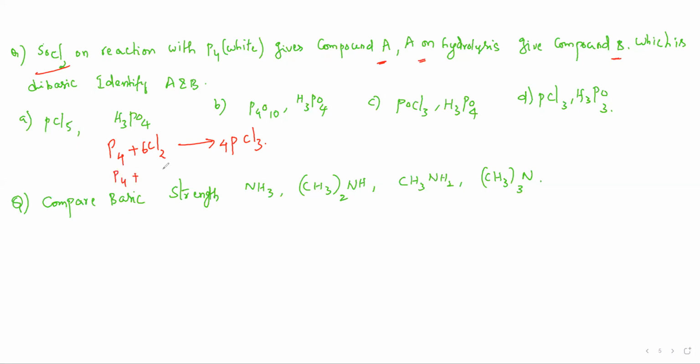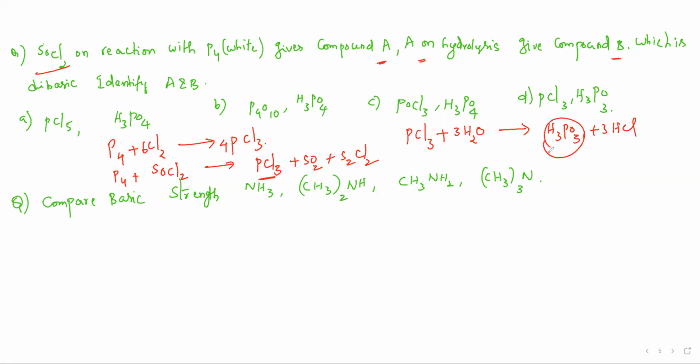When white phosphorus reacts with SOCl2, we get PCl3 plus SO2 plus S2Cl2. So we got PCl3 as a product. Whenever PCl3 reacts with moisture or water, it gives the respective acid, which is H3PO3, and 3HCl.